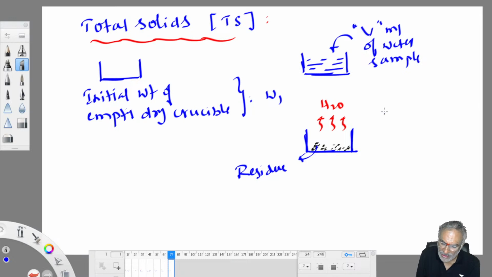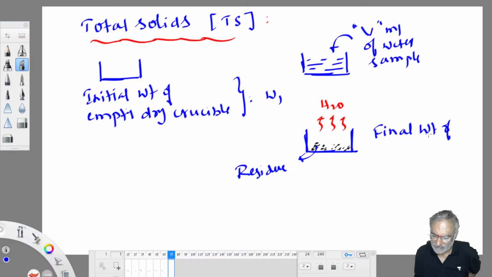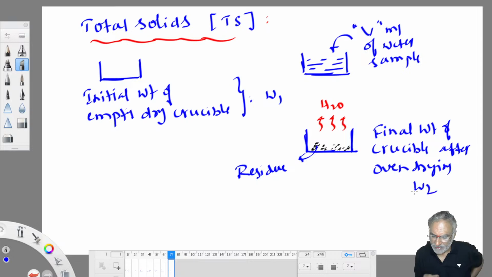So how does water evaporate? After oven drying, at 103 degrees centigrade, for 4 to 5 hours, we measure the final weight. At 103 degrees Celsius, water evaporates, under controlled conditions. So the final weight of the crucible after oven drying, let it be W2.